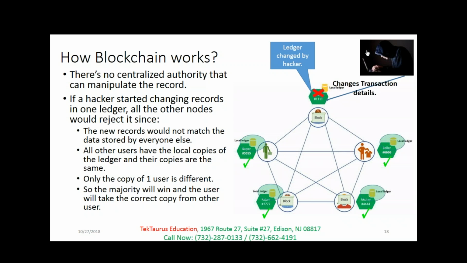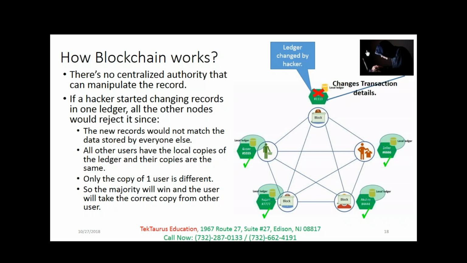These things are done within 5 minutes, 10 minutes. Within 5 minutes, the system will know that the copy of this particular user has been changed by someone. Maybe that particular user himself is a hacker. A hacker has joined the network.